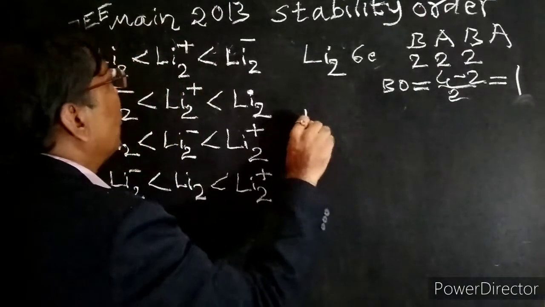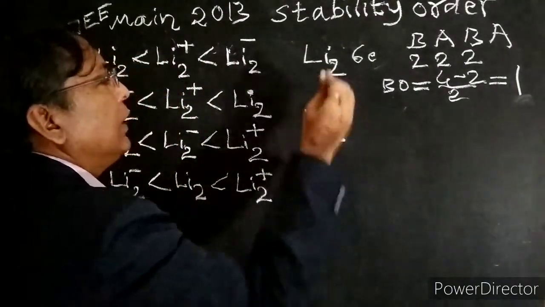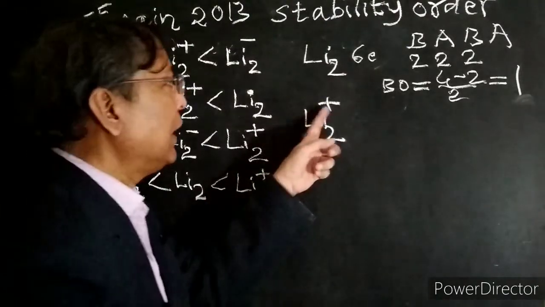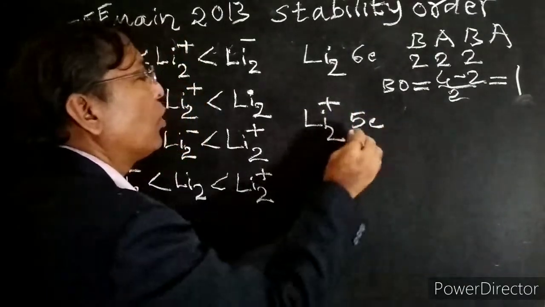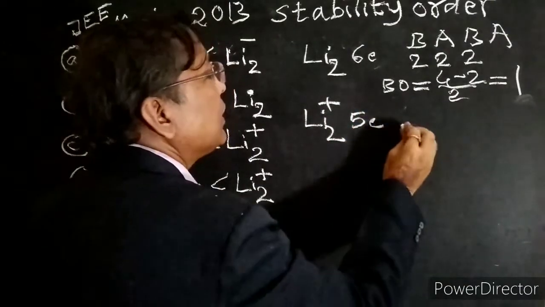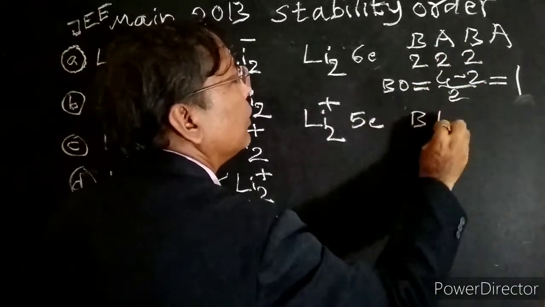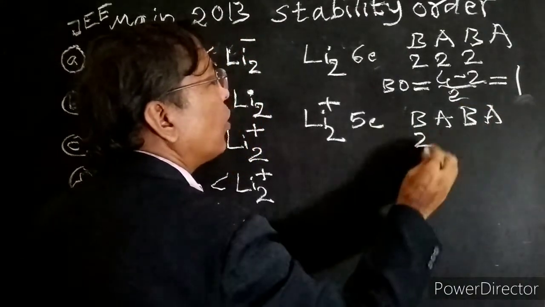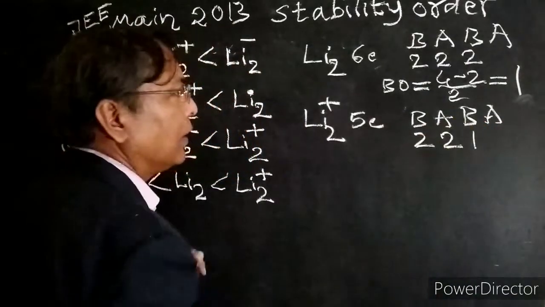Now, in case of the second molecule Li2+, here 2 lithium atoms have 6 electrons, but it has lost 1 electron. Therefore, the total number of electrons present in this molecule is 5. Let's distribute these 5 electrons in the BA rule, that is BABA. 2 electrons enter into bonding, 2 electrons enter into anti-bonding, and 1 electron comes in the bonding.